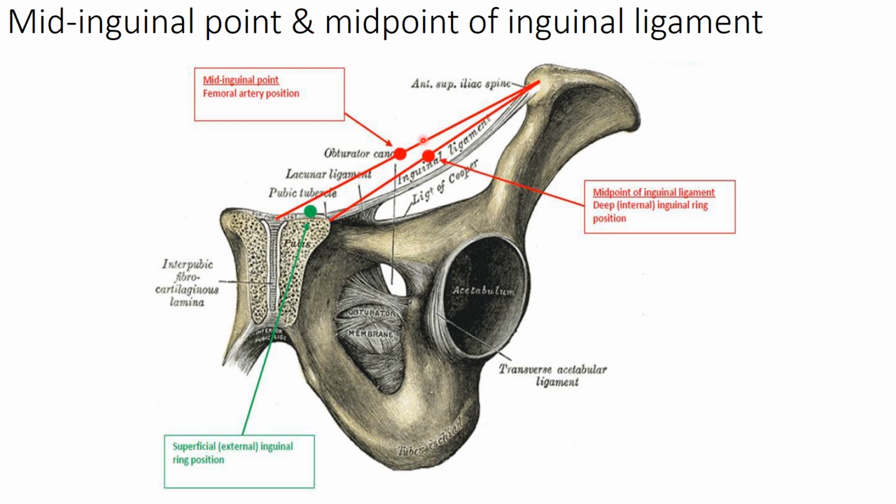So these are the two related points: the mid-inguinal point corresponds to the femoral artery, and the midpoint of the ligament, above which is the position of the deep inguinal ring.